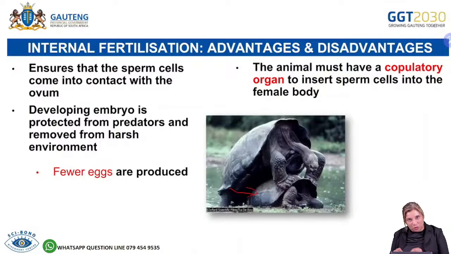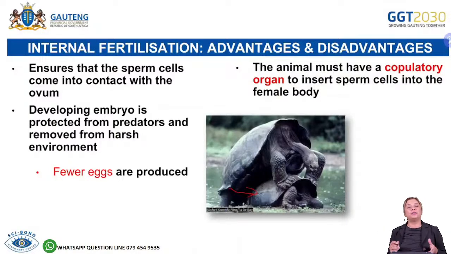So it has an organ to insert it inside the female. So it makes sure that that sperm is going to reach the ovum. There's no water current, there's no predators that can stop this process because it's already in the process of happening. The developing embryo is protected from predators and removed from the harsh environment.